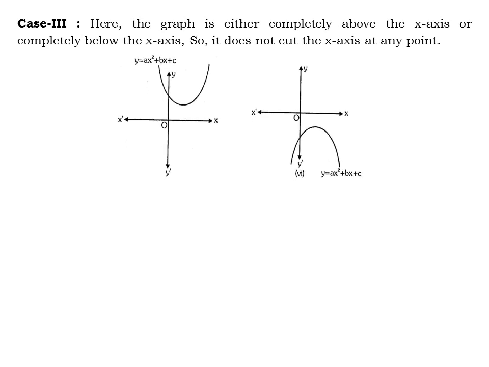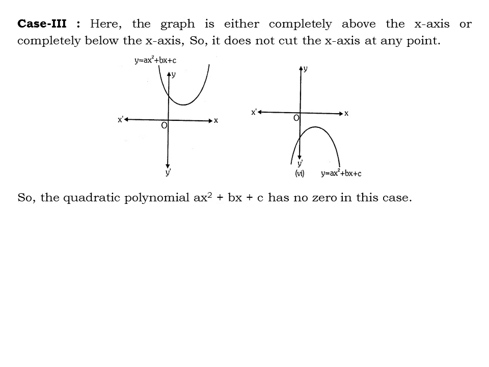We can see graphs like this, where the first graph is above the x-axis and the second graph is below the x-axis, which does not cut the x-axis at any single point. So we can say the quadratic polynomial ax square plus bx plus c has no zero in this case.